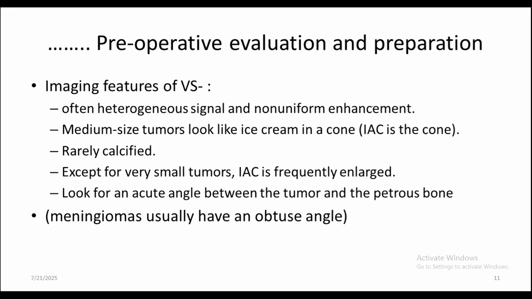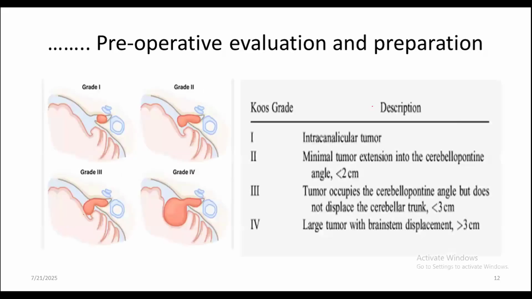For those lesions that are very small, the internal acoustic canal is frequently enlarged by the tumor. The angle between the tumor and the petrous bone is usually an acute one for vestibular schwannoma, as opposed to meningioma, which usually gives an obtuse angle to the petrous bone. This is because of the origin of the tumor from the dural margin.